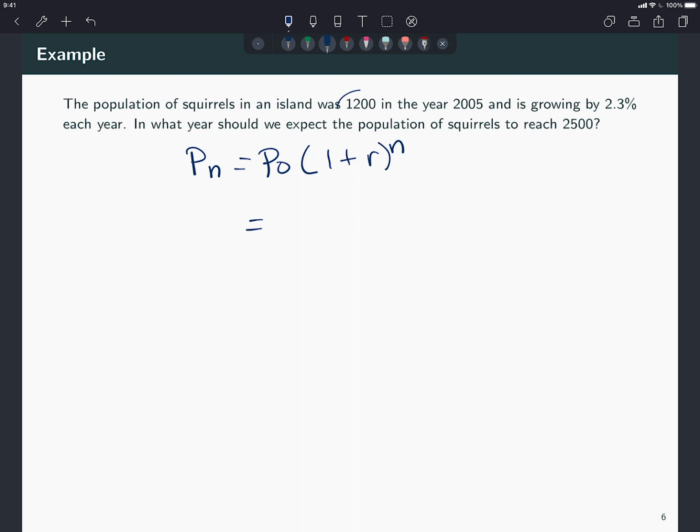My P0 is the 1,200. I'm using this one as my year 0. And I know everything. It's 1 plus, this is my r, 0.023 to the n. But the question is a little bit backwards. Let me put it together just like this.